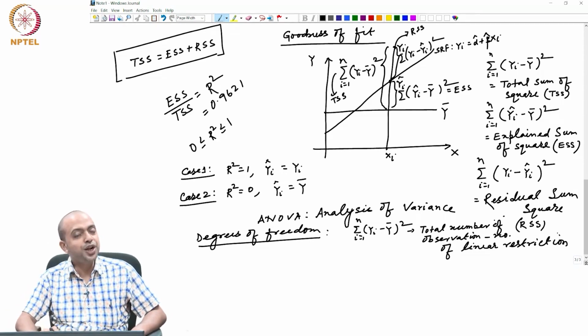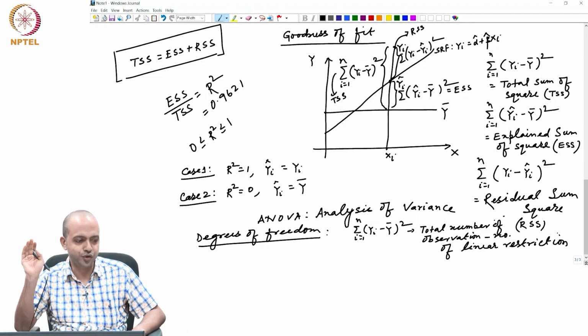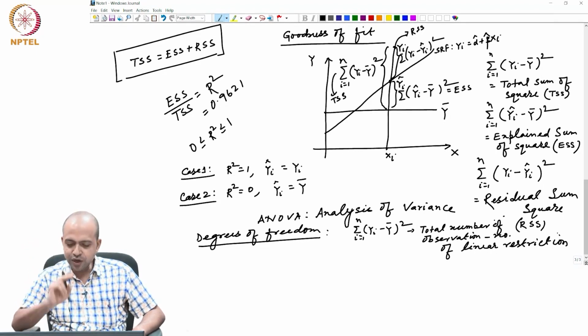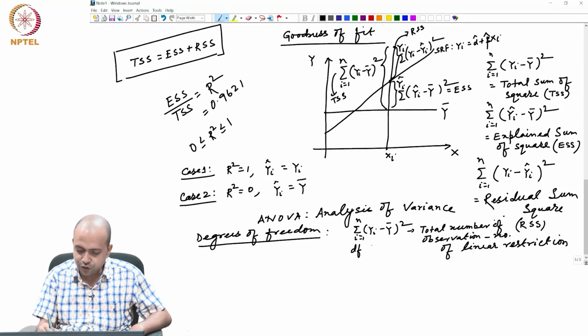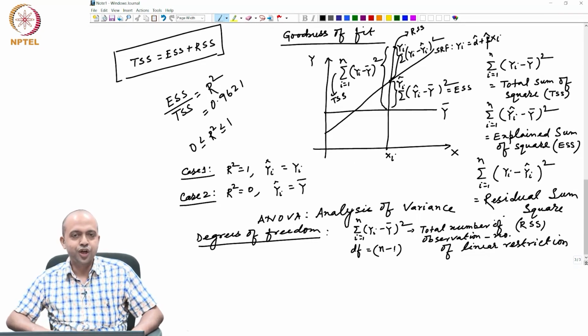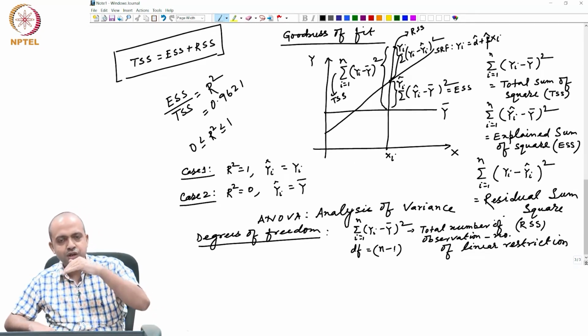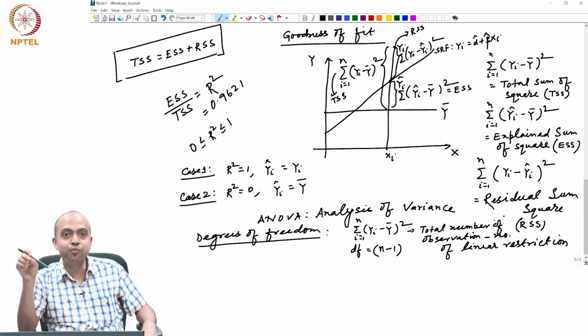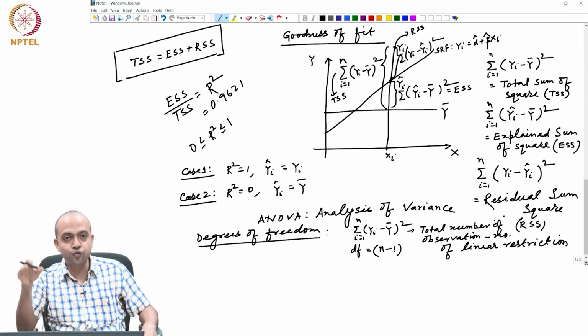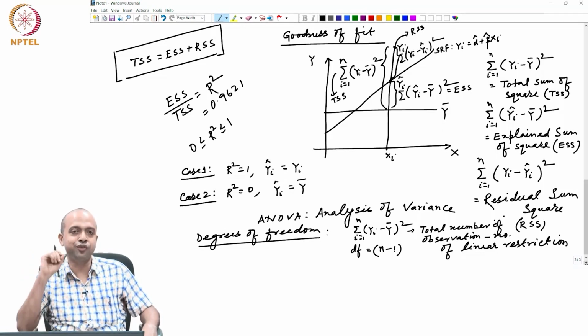See here, what is my total number of observations? I running from 1 to n, so I have n observations. Out of these n observations, how many restrictions have I put? I have given only one restriction, in terms of y bar. Then the degrees of freedom is n minus 1. One observation is lost due to the restriction imposed, so n minus 1 observations are able to move freely to define this measure.